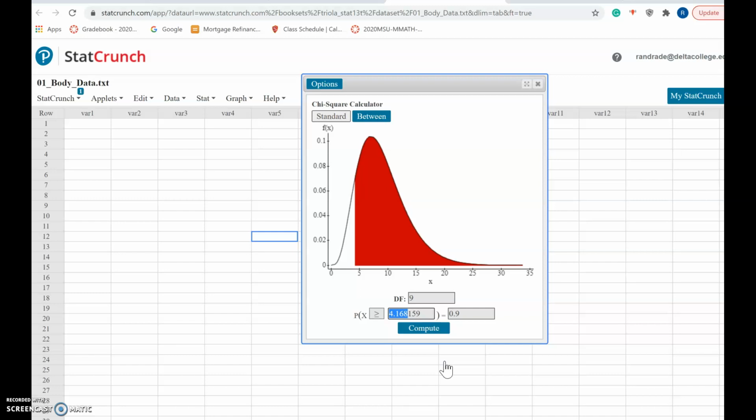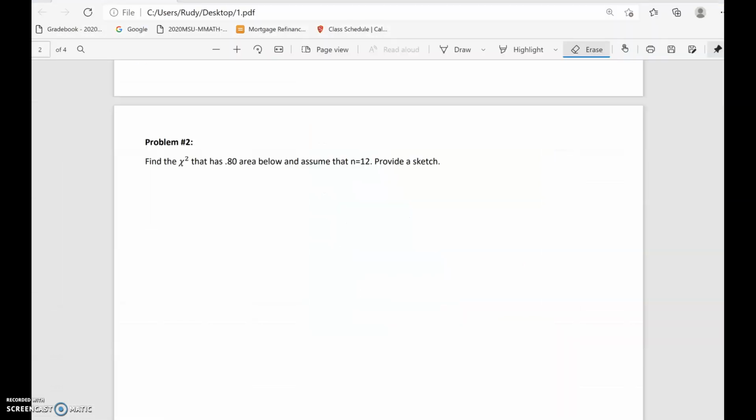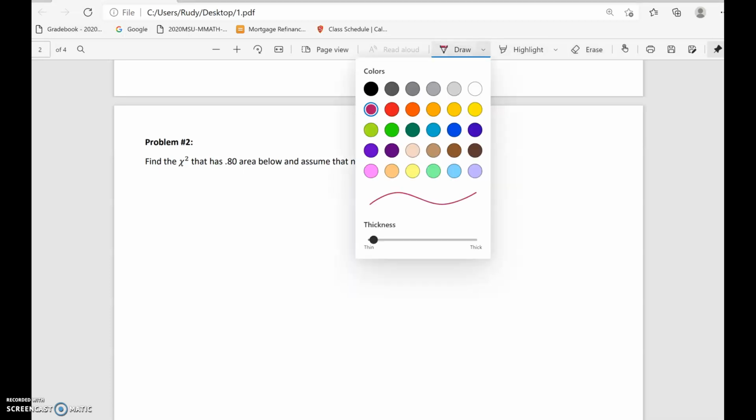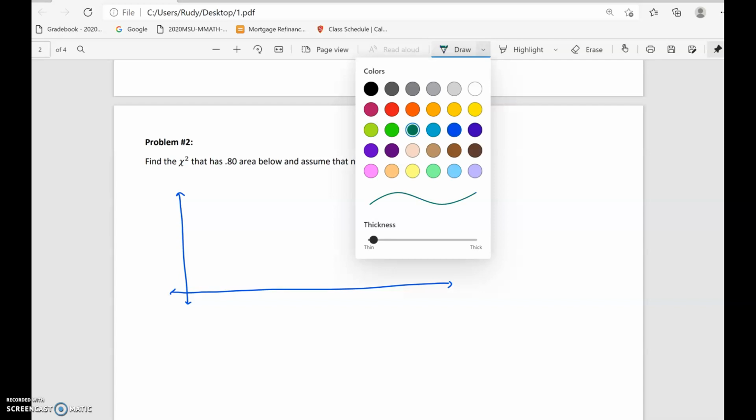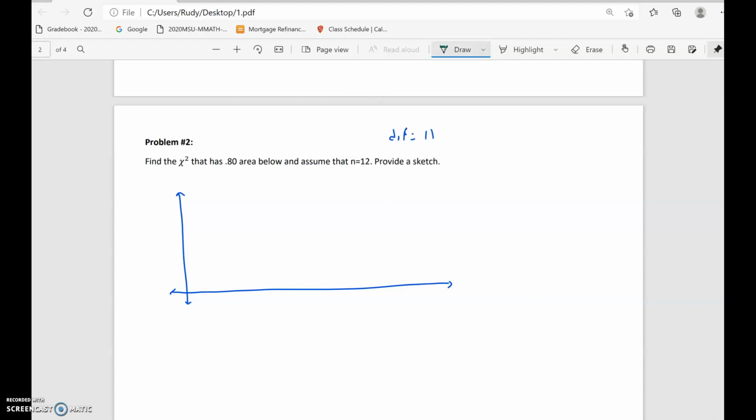Let me go to the second one. So here's the second problem. And this one, we have to be a little bit careful. They're actually telling us area below. So let me provide the sketch. Our degrees of freedom are going to be 11. And then I'm going to rewrite it how we read the table and the calculator, area above.